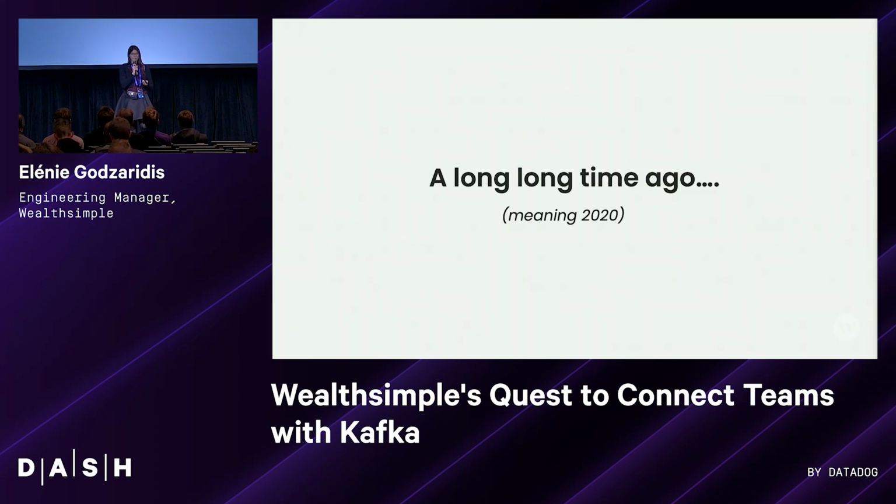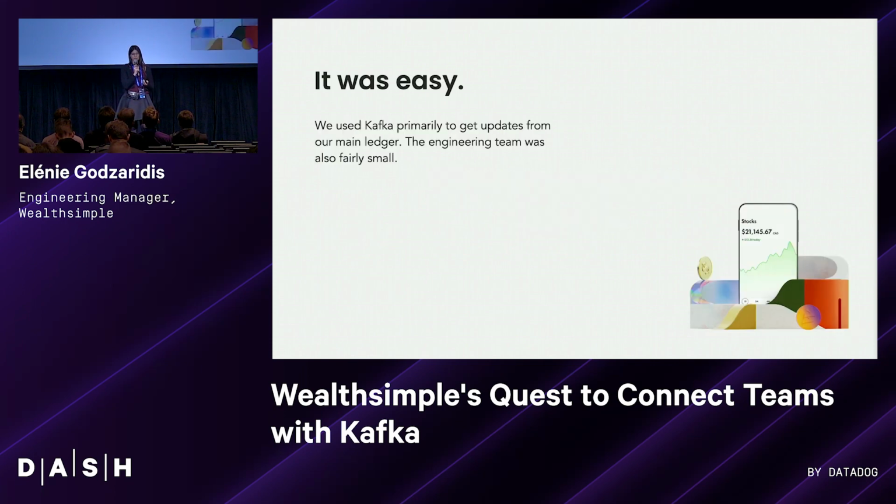So a long time ago, which is actually 2020, we were a lot smaller. And because we're a lot smaller, meaning also in number of clients, we have several million today, it was pretty easy. At first, we started using Kafka. And to be fair, before Kafka, we also used SQS and Kinesis to get updates from our main ledger.